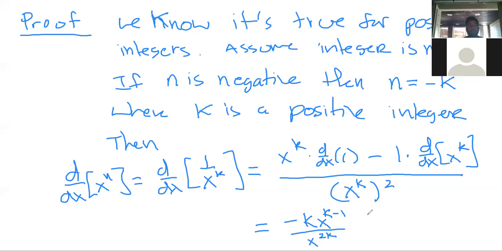So if I take k minus 1 minus 2k, then I'm left with negative k minus 1. So another way of writing this is negative k times x to the power of minus k minus 1. But we already know what negative k is. Negative k is n, so you're left with x to the n minus 1 times n.